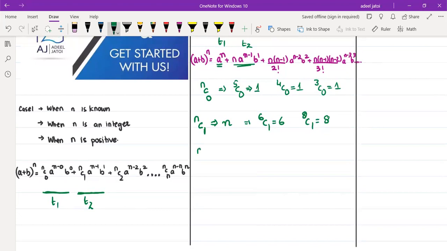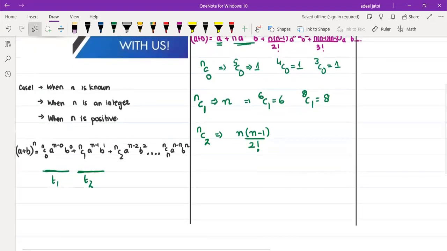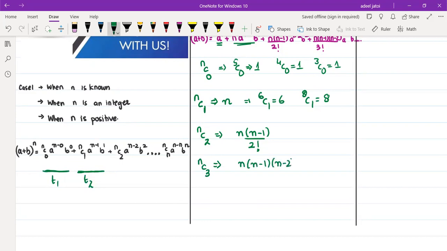If I have nC2, n can be any power, but because of this 2, we can write it as n(n-1)/2!. Similarly, nC3 will be written as n(n-1)(n-2)/3!.